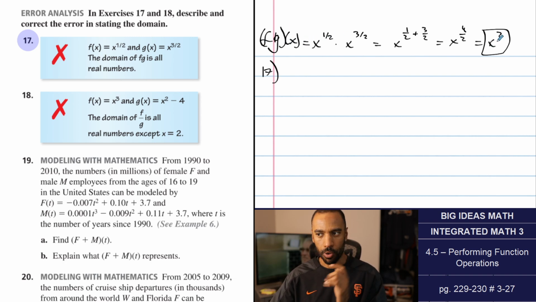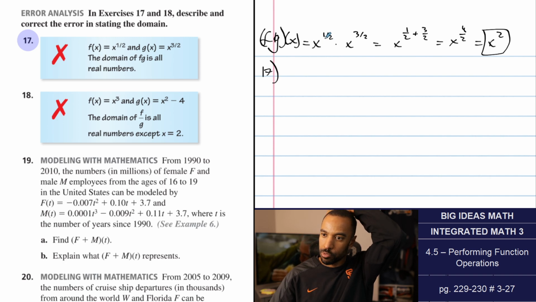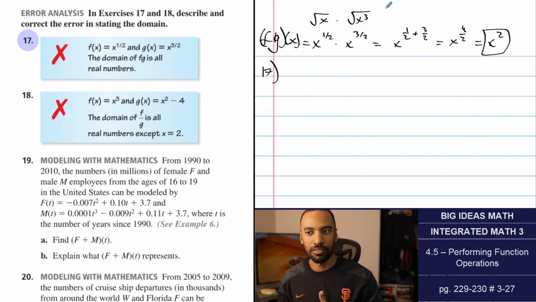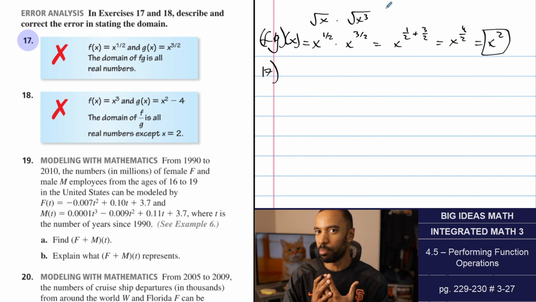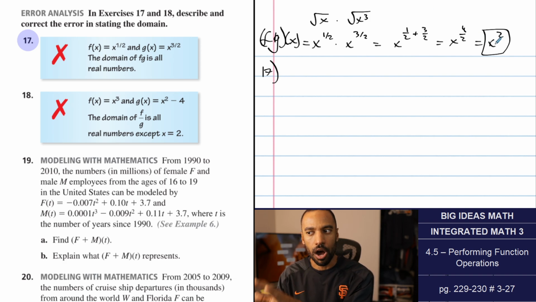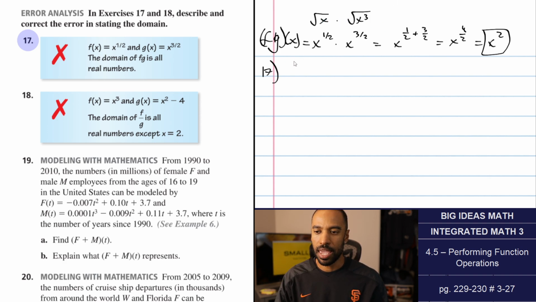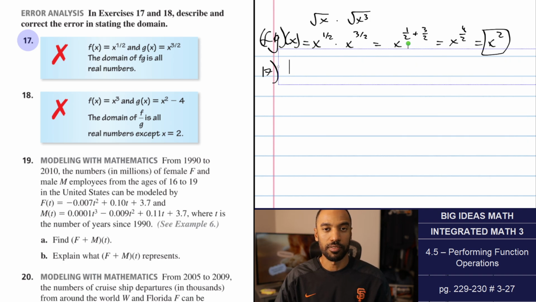You're saying, hey, there's no problem with this. But there was a problem to begin with. This is square root of x. This is square root of x cubed. These can't have negative numbers inside. It doesn't matter what they become when simplified. This is equivalent to it for all x's that exist in the initial domain. So it's not all real numbers. The domain is positive and 0, right?